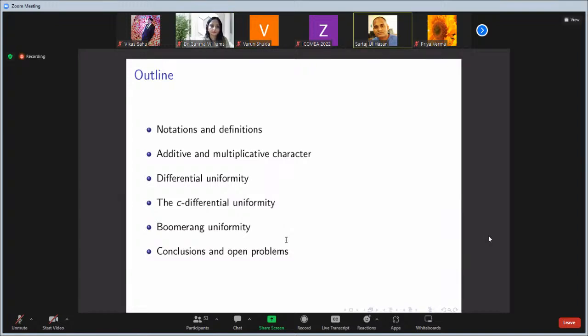Then I'll also talk about differential uniformity and its recent generalization, what is known as the c-differential uniformity, where c is nothing but some element of the finite field. And then I'll talk about boomerang uniformity, and then I'll conclude my talk by listing some open research problems. So that's the basic outline of the talk.